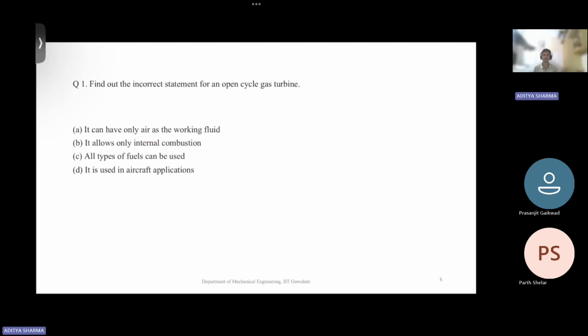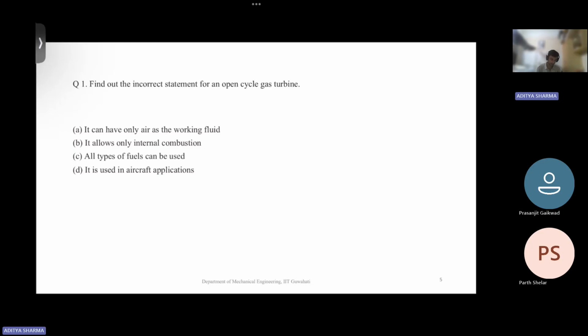So any answer from your side? Path, Prasenjit, if you are there. Okay. So Path is saying used in aircrafts.